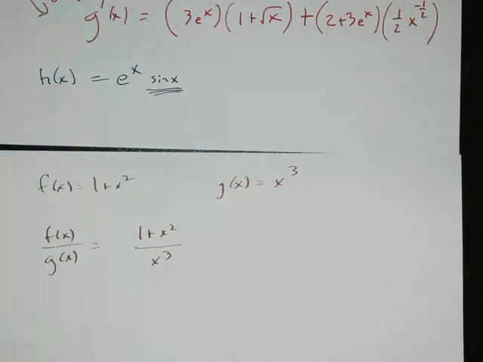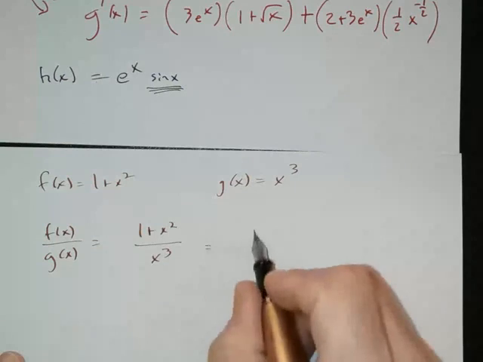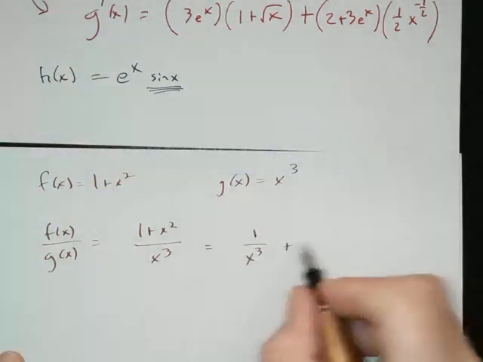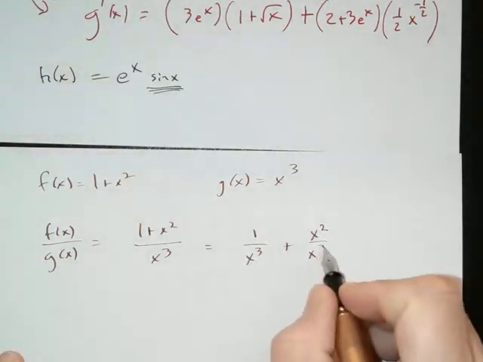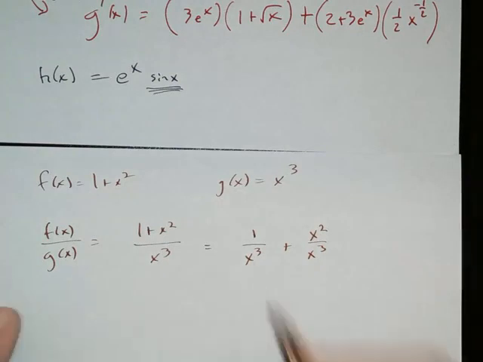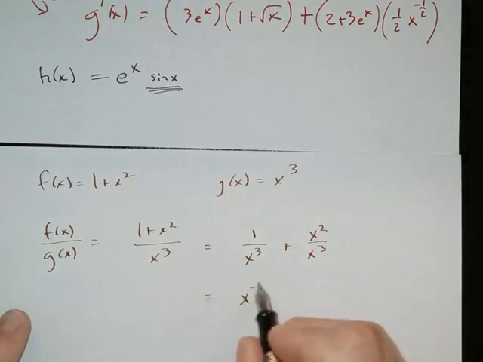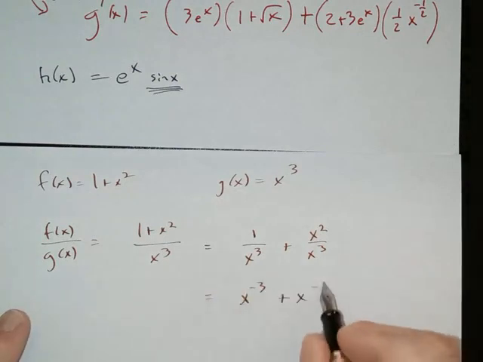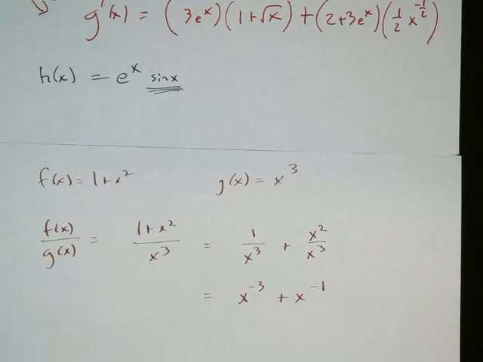Because the bottom is a single thing, I can actually write this as 1 over x cubed and x squared over x cubed, which then I can simplify to x to the minus 3 and x to the minus 1, which means I know how to take the derivative.